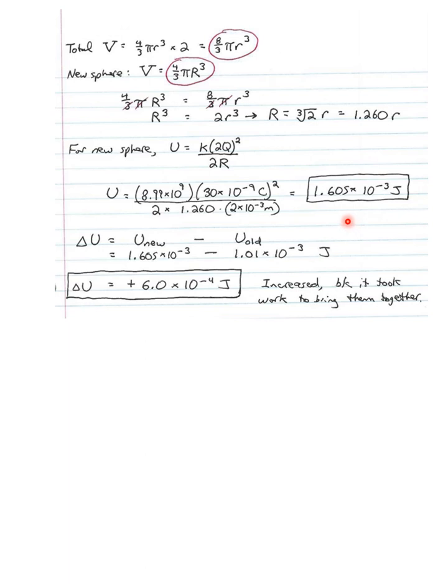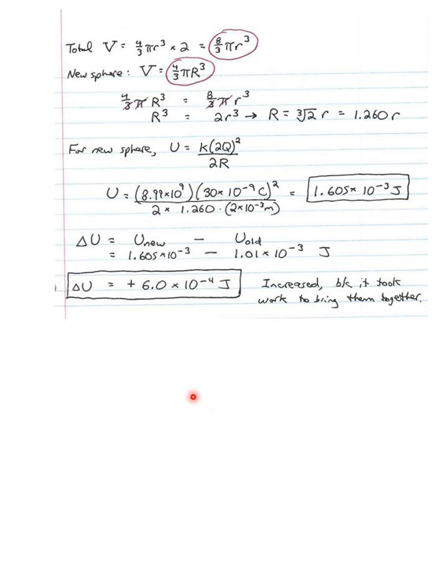So it changed just a little bit. The new energy is 1.605 times 10 to the negative 3 joules. The old one, solved for on the previous page, was 1.01 times 10 to the negative 3 joules. So in bringing them together, it actually gained in potential energy.